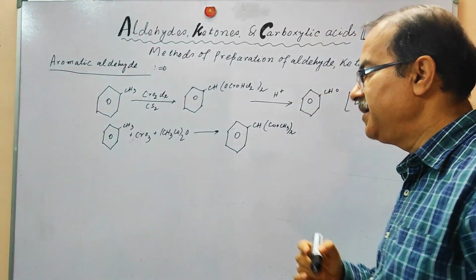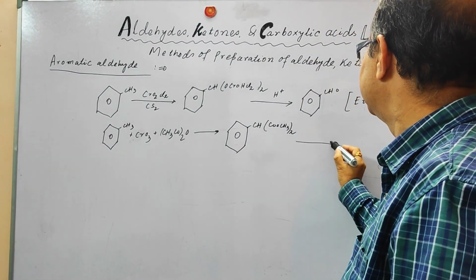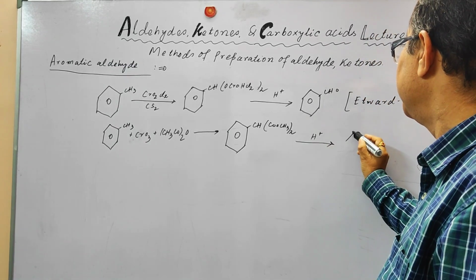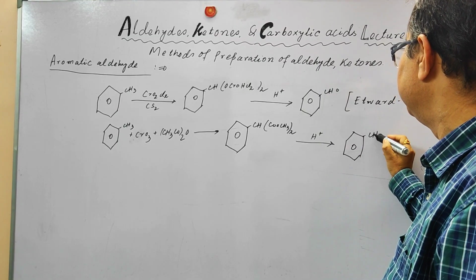This is benzylidene diacetate, and when it is hydrolyzed, it is going to produce benzaldehyde.